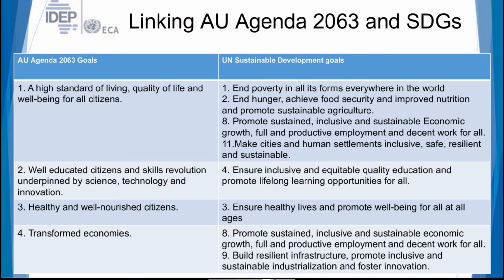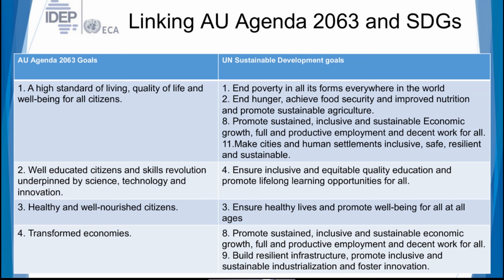Now you can see the link between the AU Agenda 63 goals and the SDGs. I will not go into too many and lengthy comments on the interlinkages, but what I want to show you here is how the AU agenda goals are related to the UN Sustainable Development Goals.